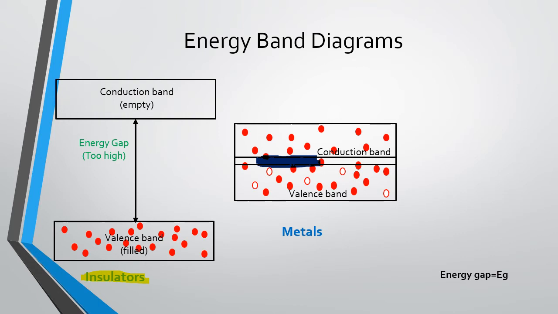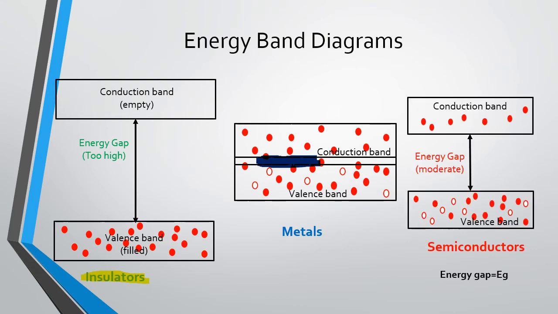So what are semiconductors? Semiconductors lie between insulators and metals. At room temperature, when no external energy is given, they will act as insulators. But when some amount of external supply or external energy is given, the electrons in the valence band will move to the conduction band, and there will be free electrons in the conduction band.